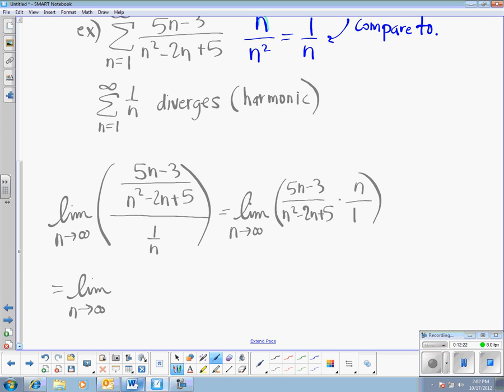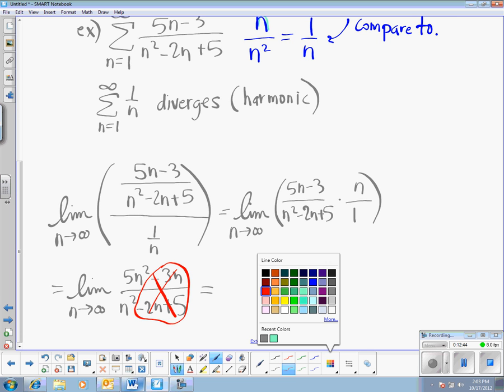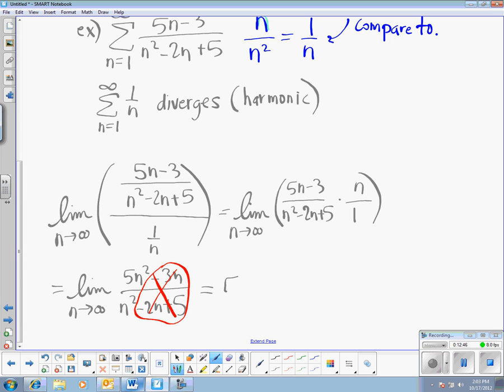Okay, so if I multiply the top, I get 5n squared minus 3n, and the bottom is not going to change, n squared minus 2n plus 5. And this limit, since my bottom and top are both squared, is just 5 over 1. Everything else is meaningless, ignored, doesn't mean anything in terms of finding the limit. And my answer is just 5.